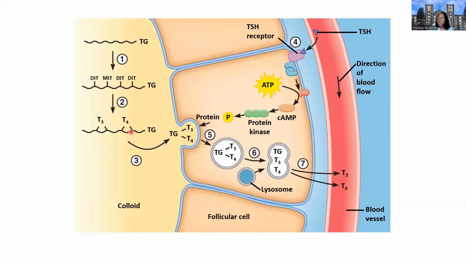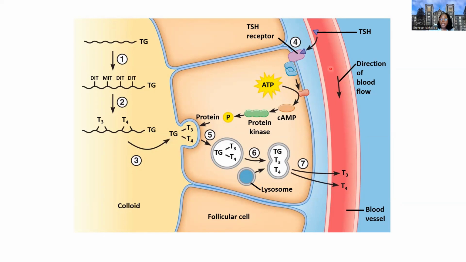Both have a similar function, similar mechanism of release, and we'll talk about some of their differences when we look at their action in the periphery. So that thyroglobulin and the residues, which is essentially now T3, T4, is taken into the cell in the form of this vesicle, and then it's transported from the apical surface down to the basolateral surface, where it can be released into the blood vessels that are lying underneath the membrane of the follicles here.